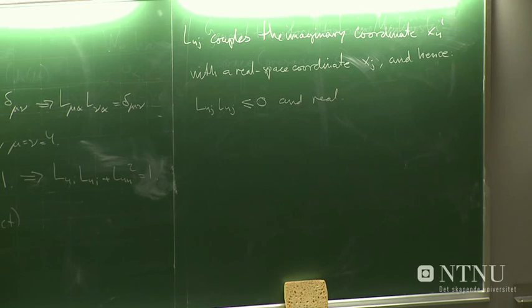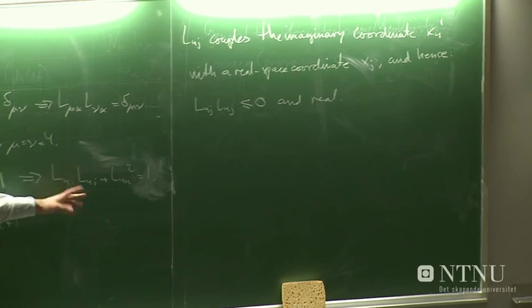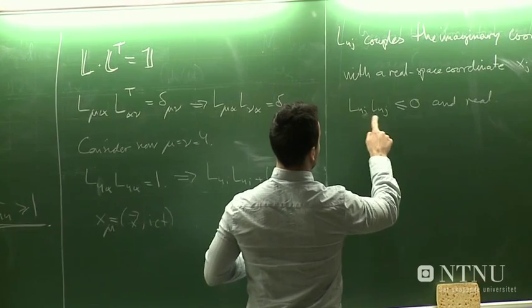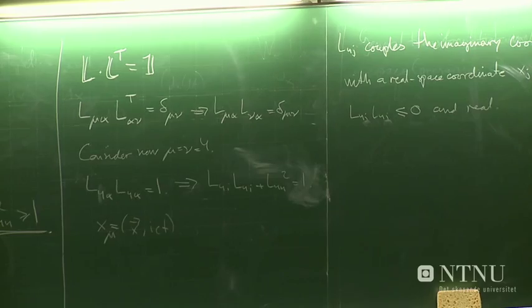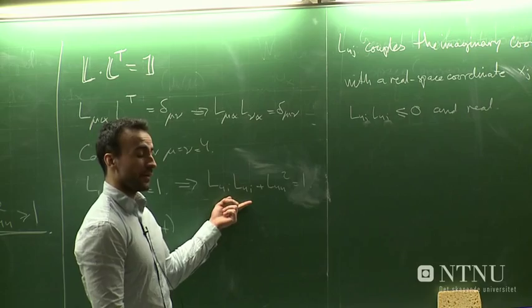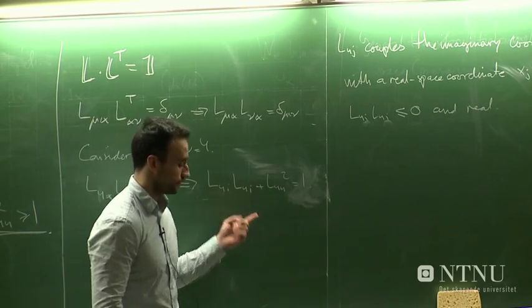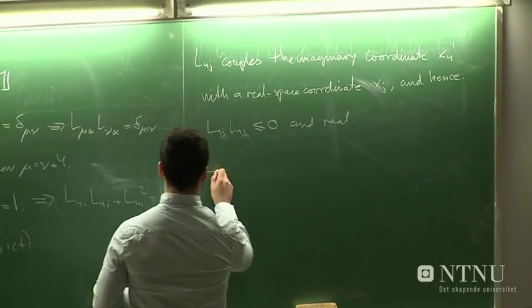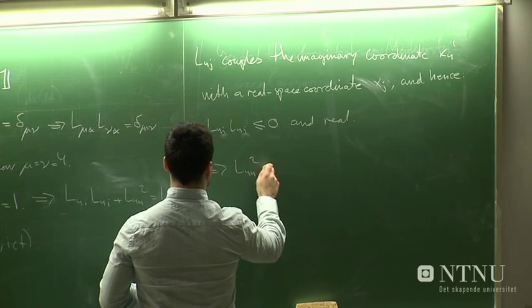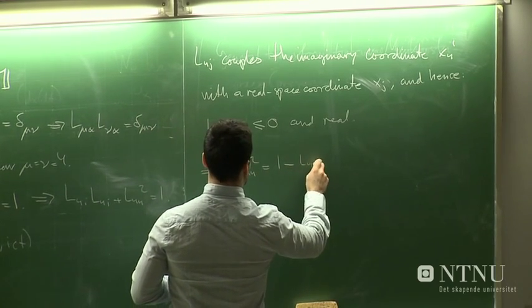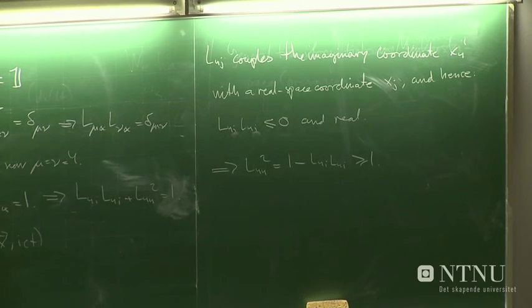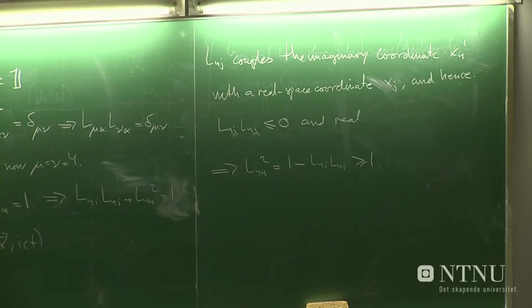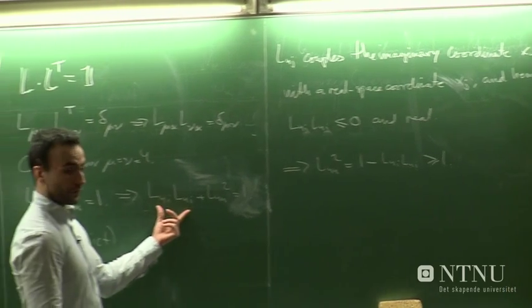So since these L4I elements have to be imaginary, their square has to be negative, or 0. So we know that this sum is either negative or 0. And as a result, L44 squared has to be larger than or equal to 1, simply by moving this term over here.